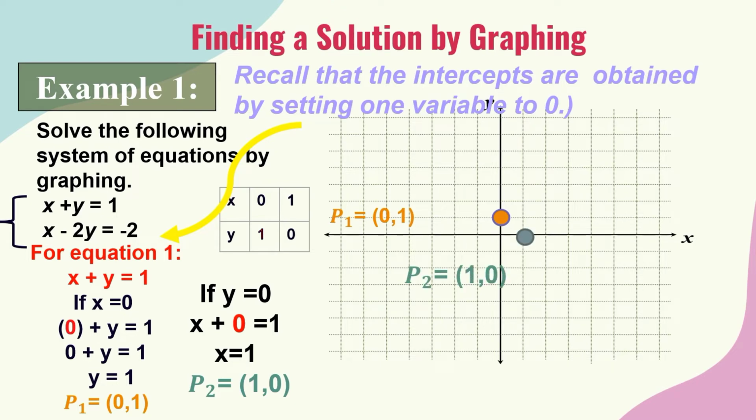The next step is to connect the points using a line. Connecting the points, we have now the line, or the graph, of equation x plus y is equal to 1.